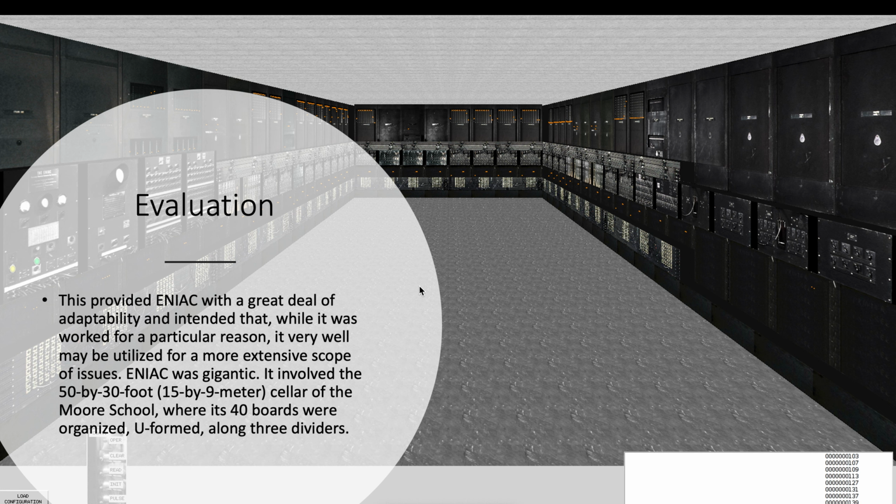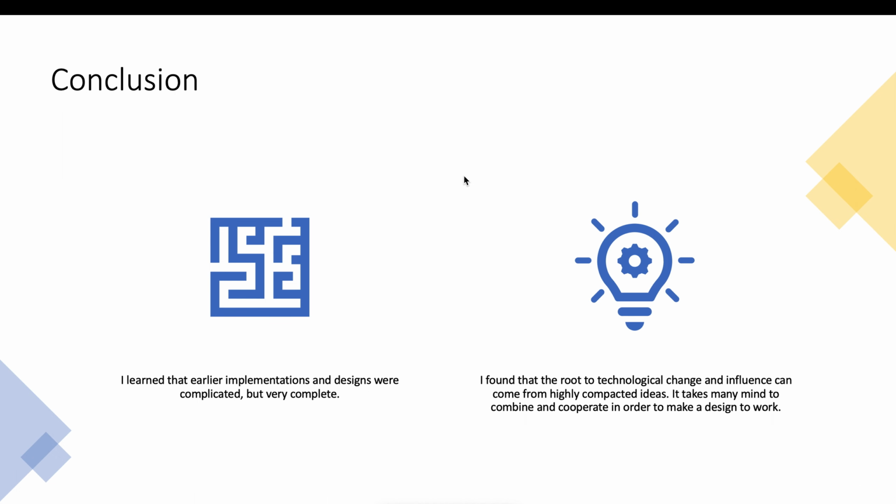This is just a little evaluation that I did, but in the Word document I explained much further. In our conclusion, I learned that earlier implementations and designs were very complicated, but they were actually very complete compared to what we see today. I found that the root of technological change and influence can come from highly compacted ideas, but it takes many ideas to combine and cooperate to make a design work.